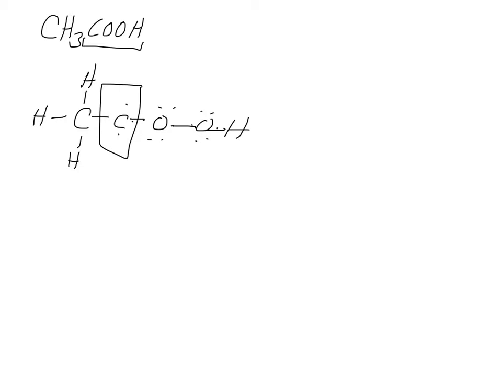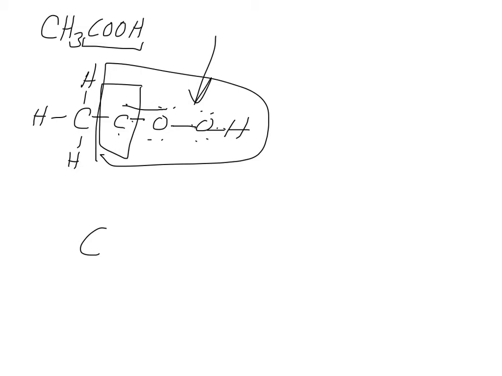Okay, so do you want me to leave it in this structure here? Because if I double bond it with oxygen, then now oxygen is going to have more than 8 electrons. So, right. So the only way to solve this problem is to have a double bonded oxygen and a single bonded OH.